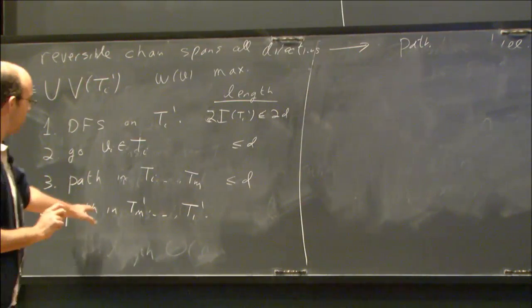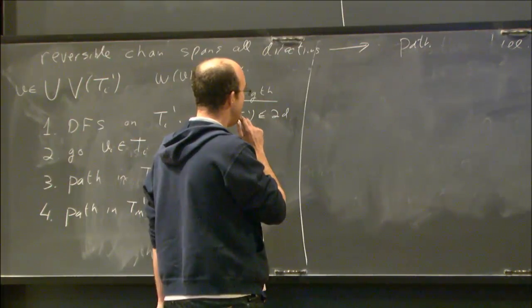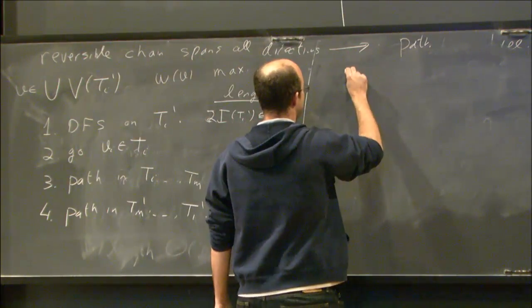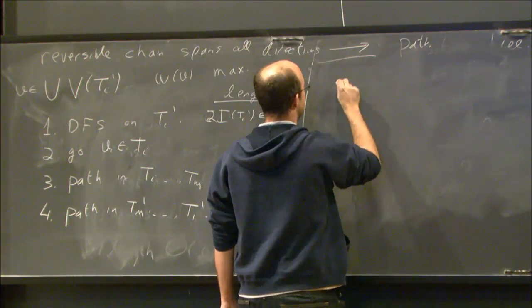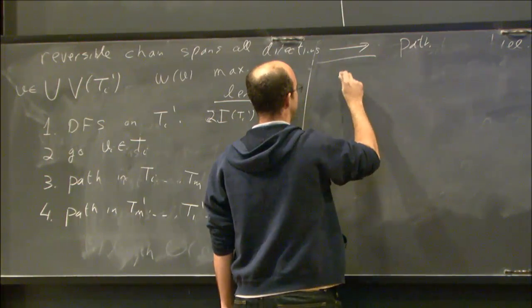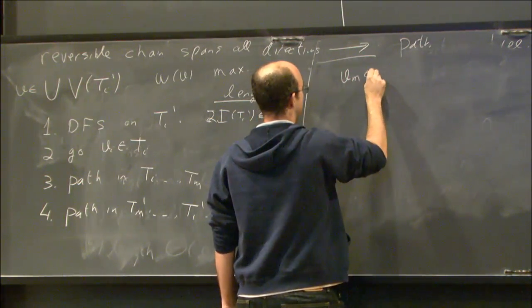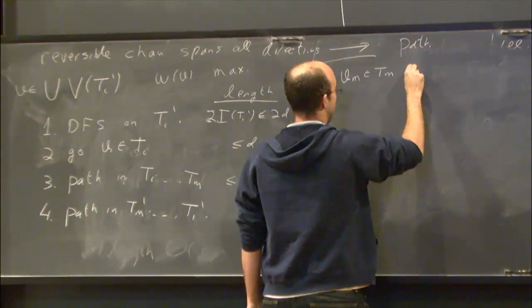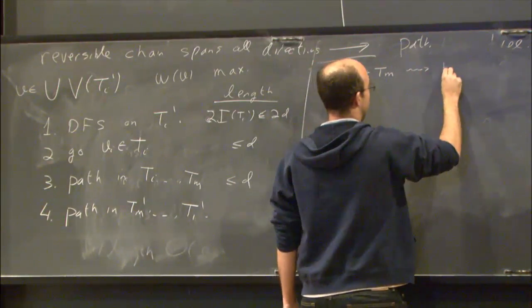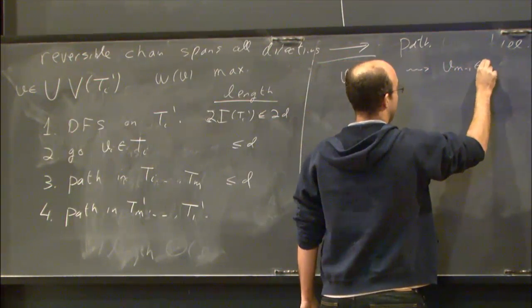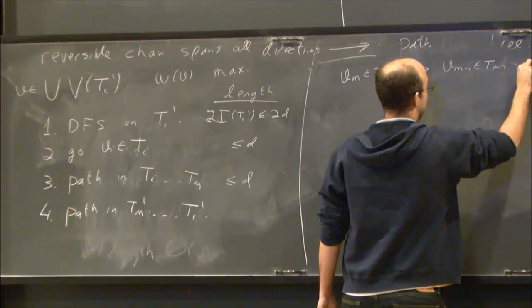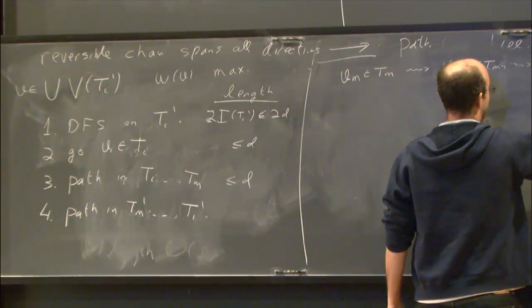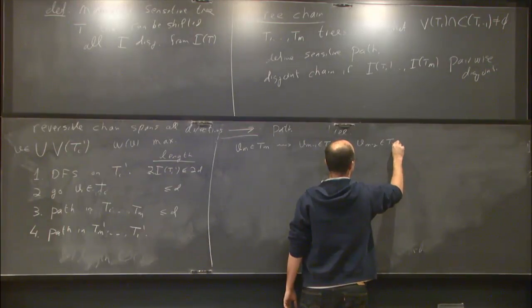So with this part we have to be a bit careful. How are we going to do it? Let me try if I remember. We want to choose some Vm in Tm, and we want to somehow move to Vm minus 1 in Tm minus 1, and then to Vm minus 2 in Tm minus 2.